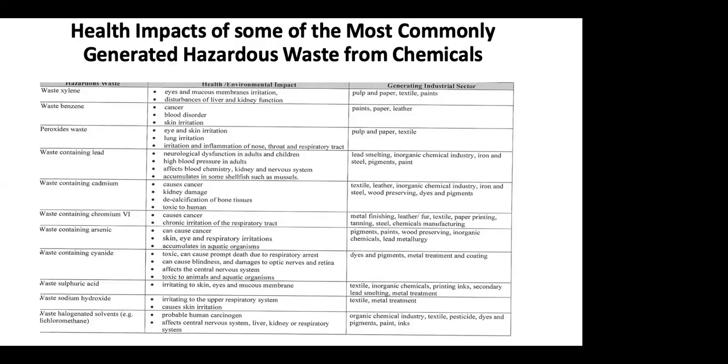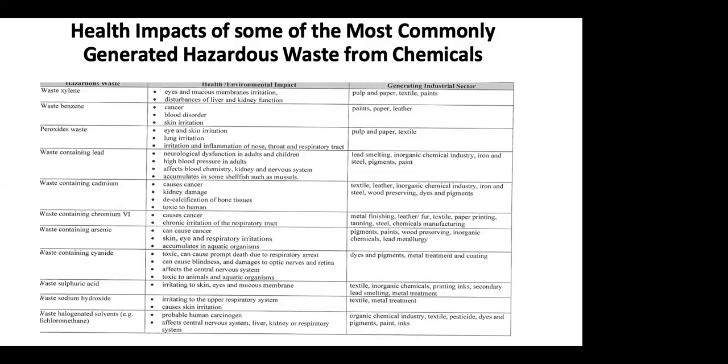And what industries generate it? We can see the paint industry, paper industry, leather industry. It is used to produce these things, so the paint industry produces a lot of benzene. If you take your time and look at the table, you can pick any other one again.